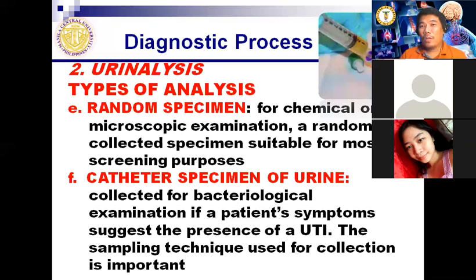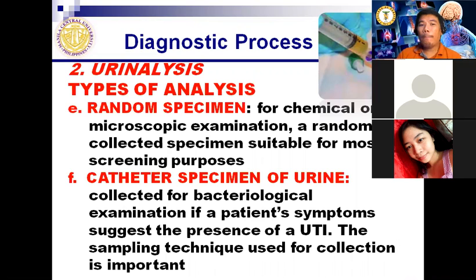Other than that, it could also be useful to specifically identify the presence of UTI. Because we all know that if the catheter has been inserted into the urethral canal, it's a foreign body, so there is a greater chance that microorganisms may travel along the catheter.